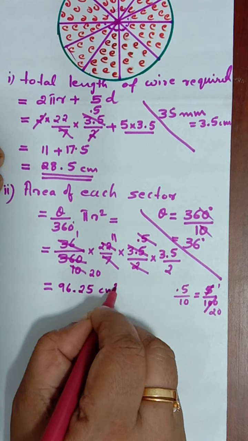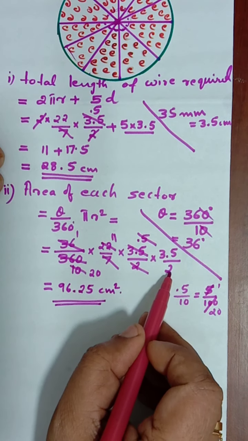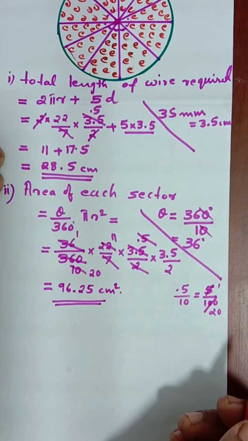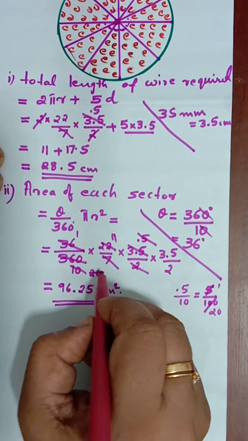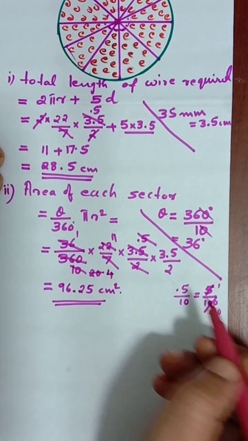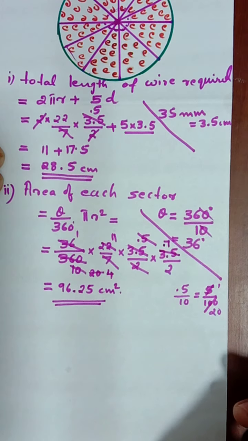96.25 cm square. Multiply both, divide it by 40, so you will be getting the answer. Or if you want, you can cancel again. By 5, it can be 5 4s 5, 7.7.